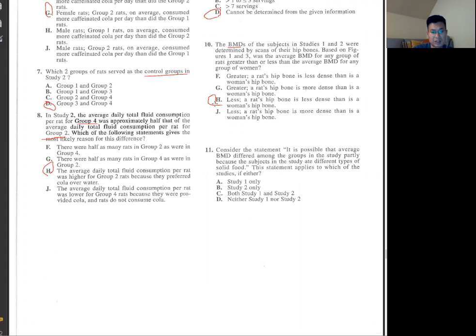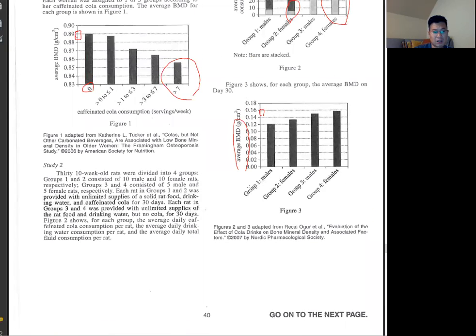And 11, consider the statement. It is possible that average BMD differ among the groups in the study partly because the subjects in the study are fed different types of solid food. The statement applies. So different solid food is study 2. It specifically talks about, if you go to study 2, the description, lines 1, 2, 3, 4, provide with unlimited supply of solid rat food, right?